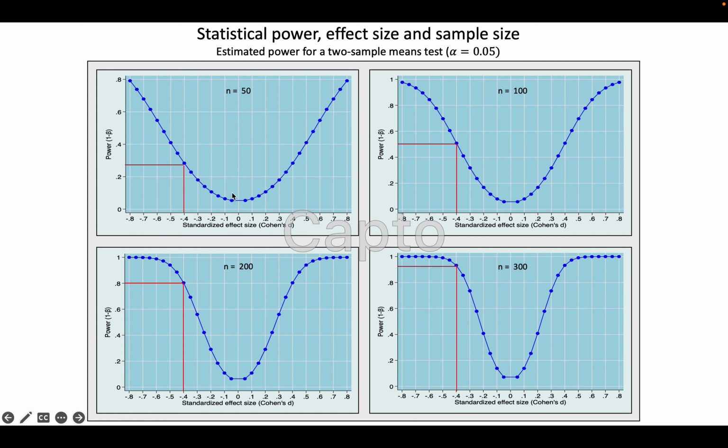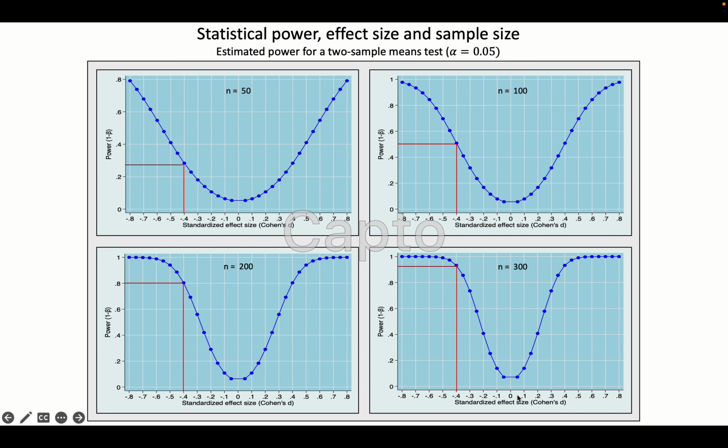Something similar is happening here. I'm just comparing the power with the effect size in this case, and I'm increasing the sample size from 50 to 100 to 200 and 300. So the more you increase the sample size, you will see what happens here with the power, right?